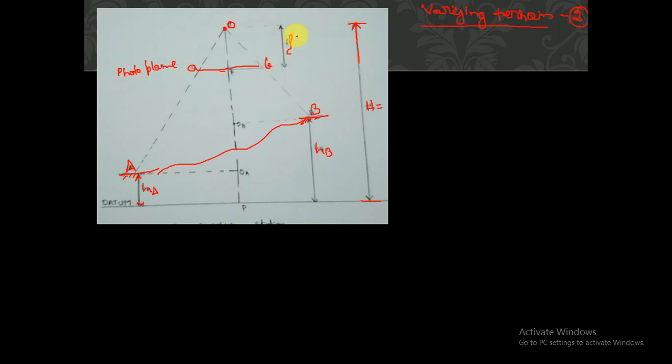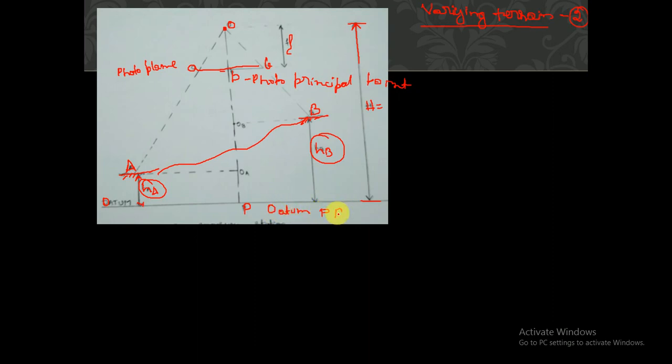This is the point A and B. This is the focal length. This is the total flying height, and this is h A and h B. Since it is varying height, we get two parameters, h A and h B. And this is the datum line. This is small p, which is the photo principal point, and this is capital P, the datum principal point.